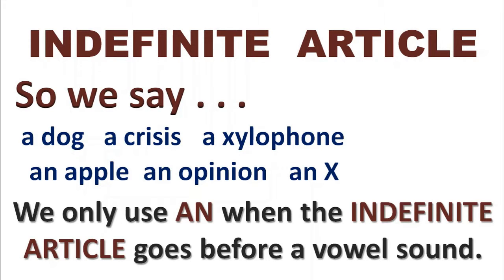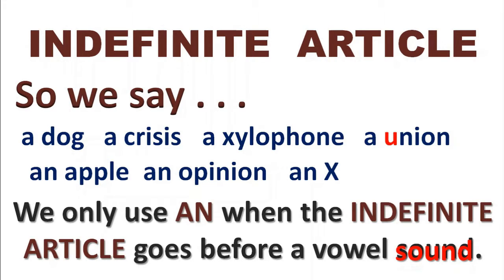So the important thing is that it's actually the sound, not the letter. Let me explain what I mean by that. We would say, for example, a union. The word union begins with a vowel, the vowel U. But when we say it, it begins with a consonant sound, y, union, a union.